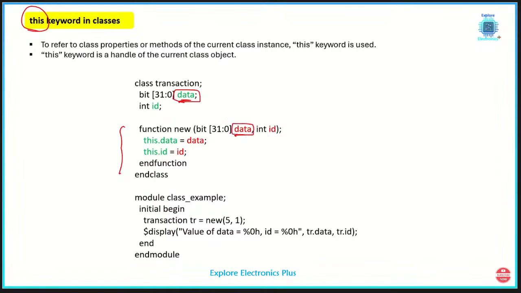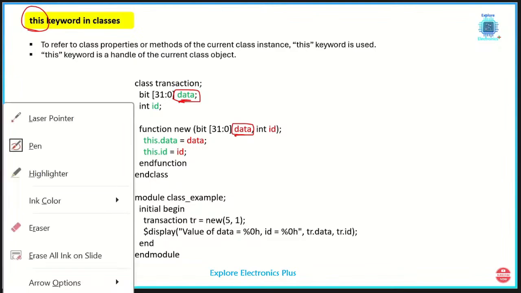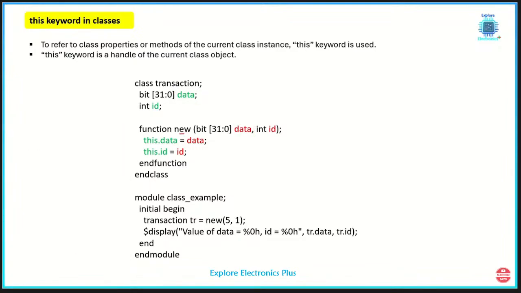This data is a variable declared as input or output inside a function. Whenever we call this function new, it will be allocated with some values. Here the first one is data, the second one is ID. 5 will come as the data now. This ID becomes 1.